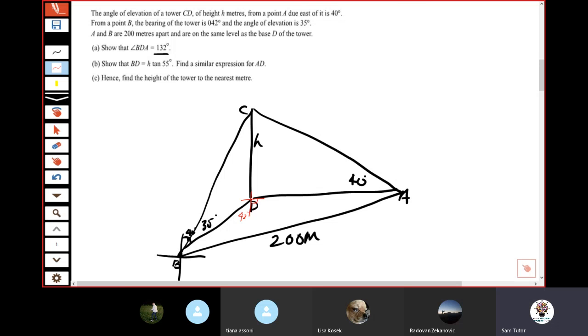So what would the whole angle this time be? 90 plus 42, which equals 132. So your answer in A, you would have obviously drawn your diagram. So from the diagram, 90 plus 42 equals 132. Any questions before I continue from that?